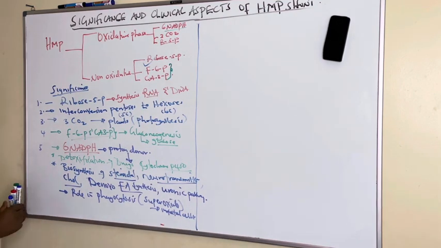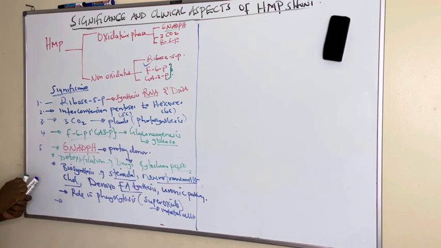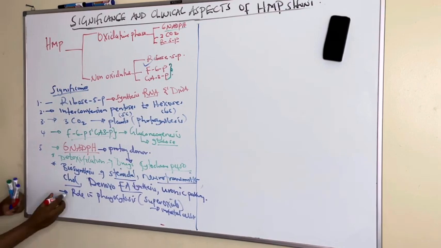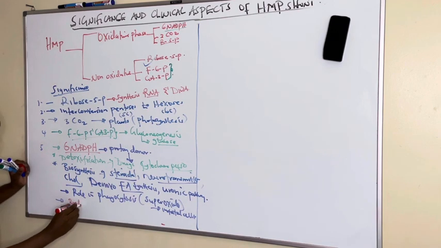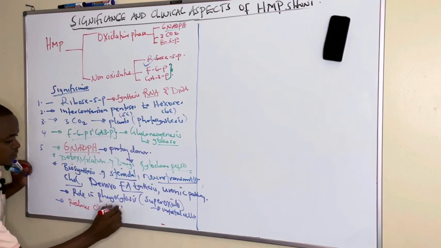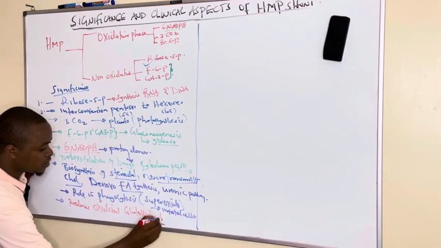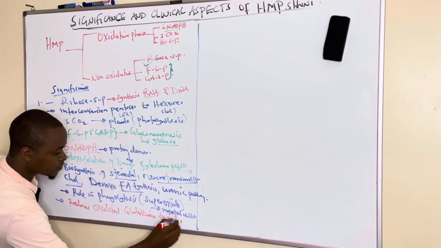And lastly among the significance is that NADPH also plays a big role in reducing oxidized glutathione to reduced glutathione.